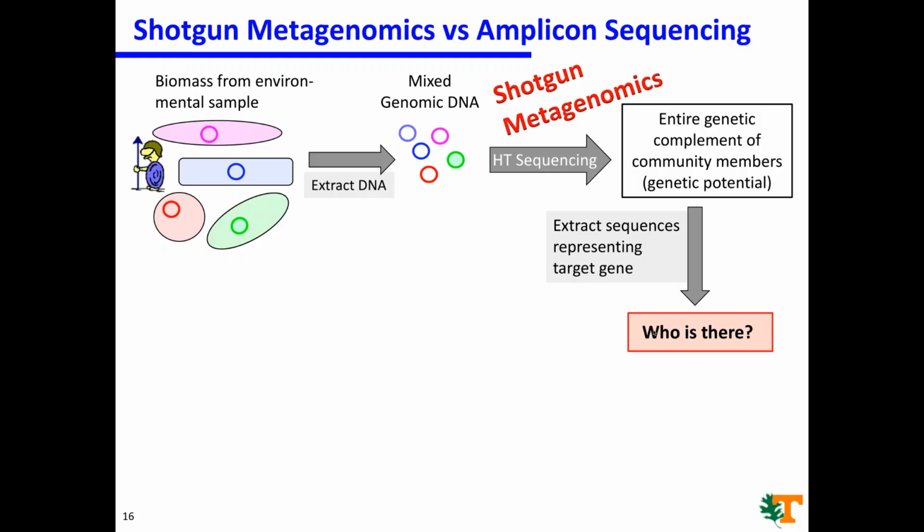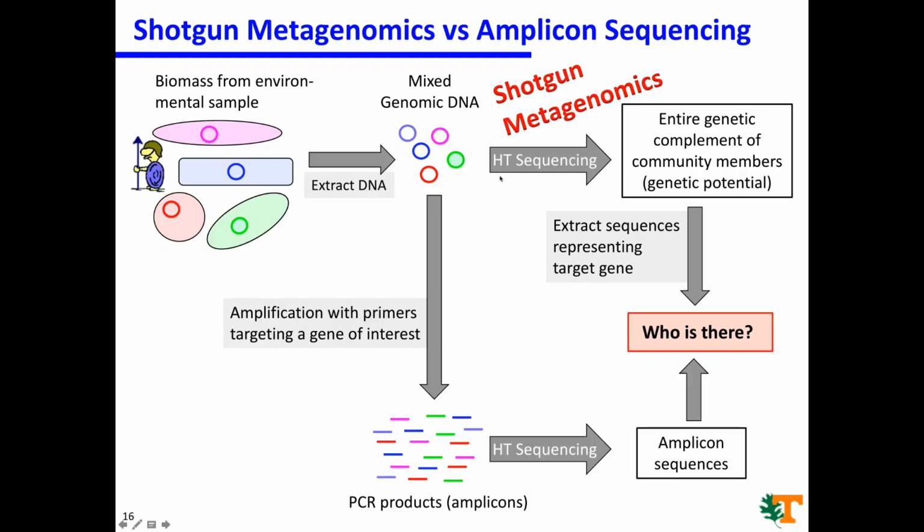A variation of this approach is you don't sequence everything. You do an amplification with this community DNA using primers targeting a specific gene of interest. Let's assume it's the 16S rRNA gene. Then you generate amplicons of this particular gene, so PCR products of amplified 16S rRNA genes of every member in this community.